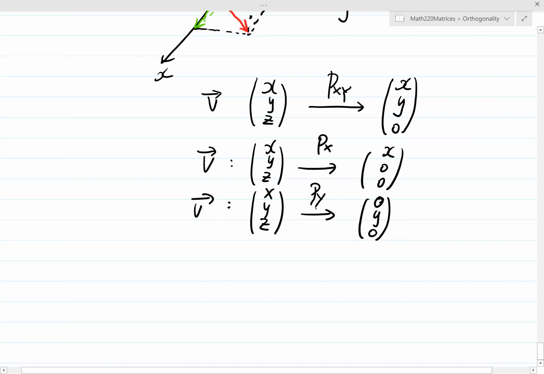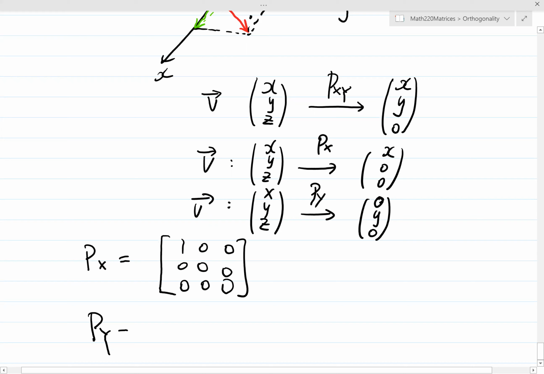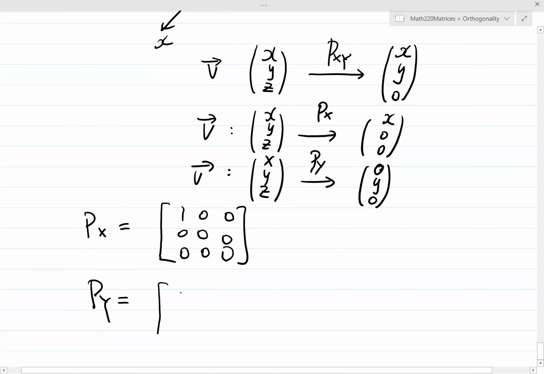Now we can write down the projection on X and the projection on Y. According to what we did last time, we can just write them down directly. PX is 1, 0, 0 in the first row and zeros elsewhere. And PY, the projection on the Y-axis, has 1 in the middle entry.